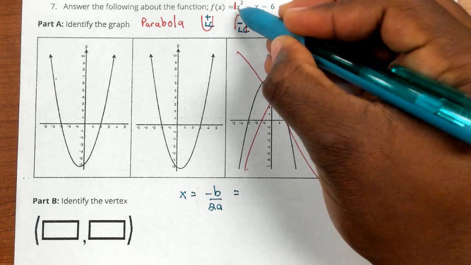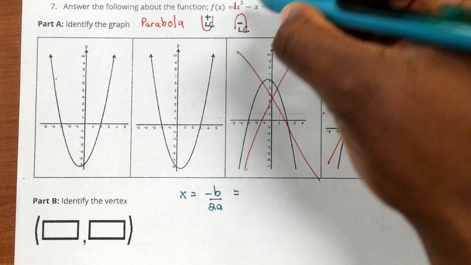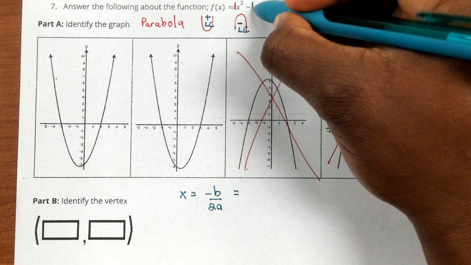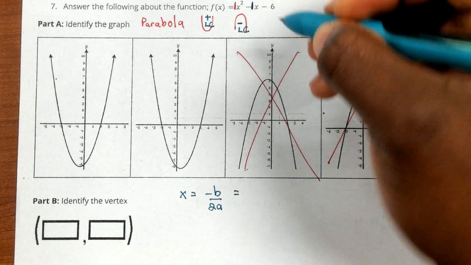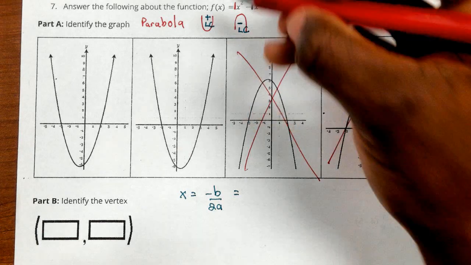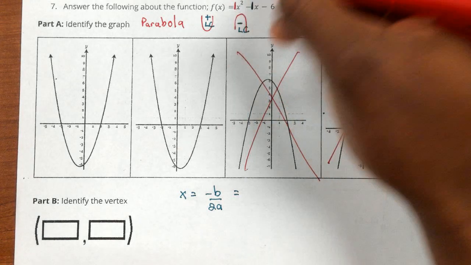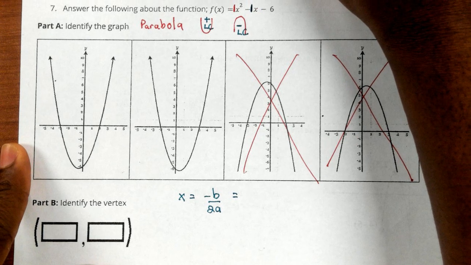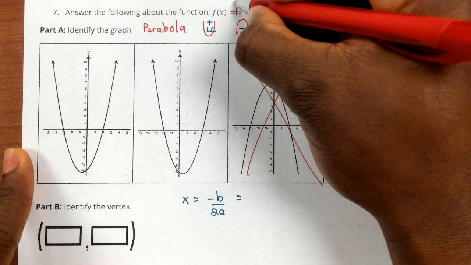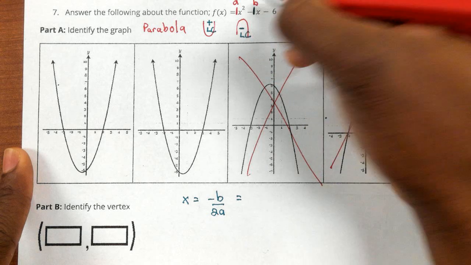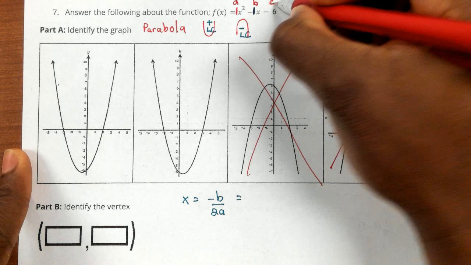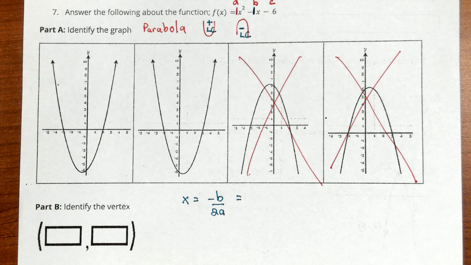In front of my x squared is a 1. In front of my negative x is a negative 1. The 1 right here is my a, the negative 1 is my b, and your c is negative 6.